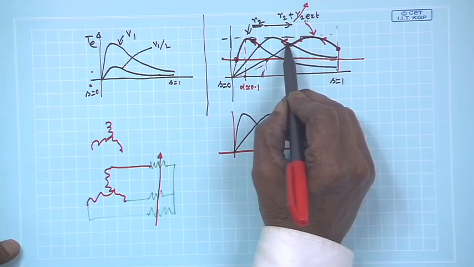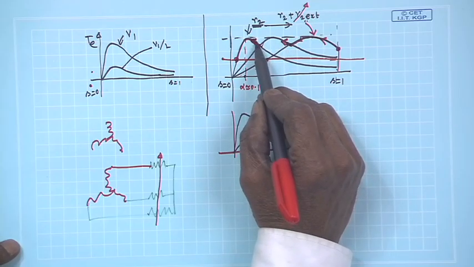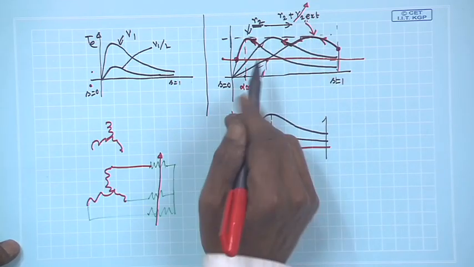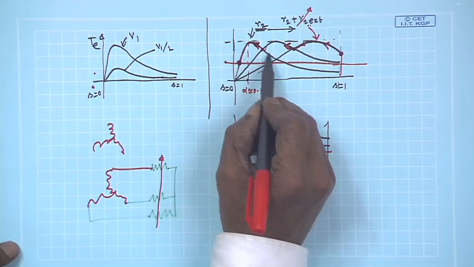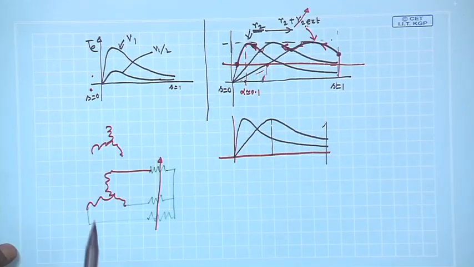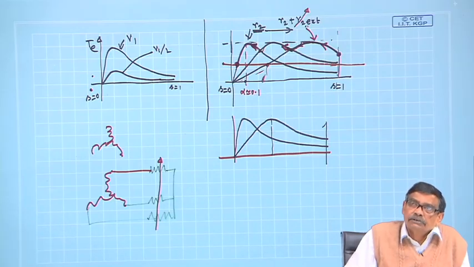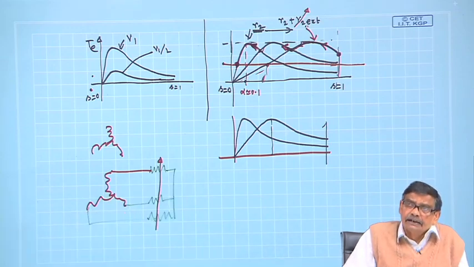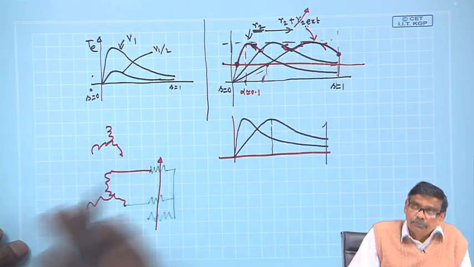So, it will switch over to the new torque slip characteristics, it will move there till you further reduce this R2 external, and finally, the machine will be operating on this torque slip characteristics, where R2 is the inherent rotor resistance, which has been optimally designed, so that the copper loss is reduced and you have the desired efficiency level of the motor. So, this is how it is to be done.